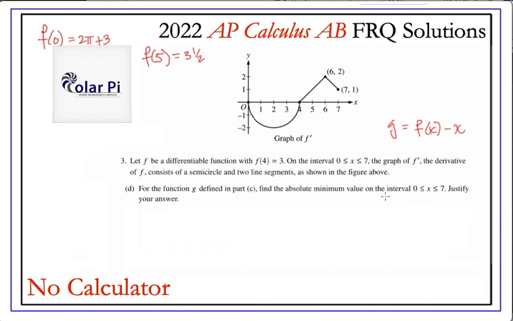Find the absolute minimum value of that function g. Remember, for absolute minimum and maximum values, we don't need to create a table, but we need to figure out the critical numbers, where the derivative is equal to 0.